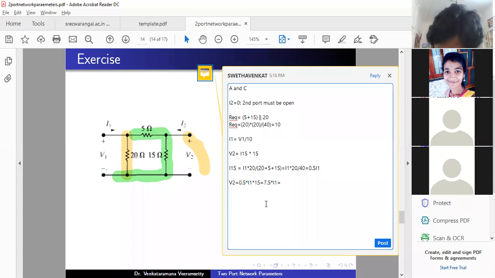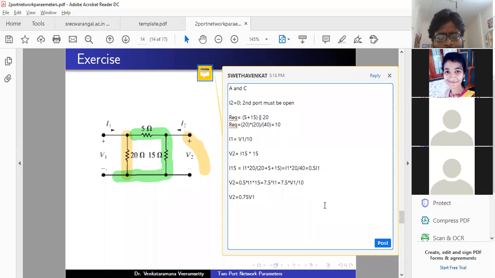We can write I1 as V1 by 10, since this is I1. So V2 equals 7.5 into V1 divided by 10, which means V2 equals 0.75 V1.